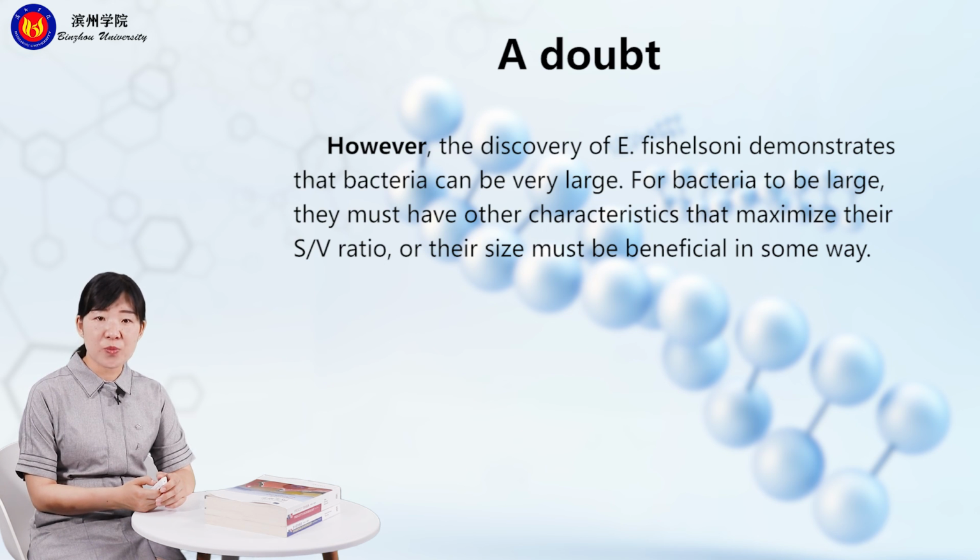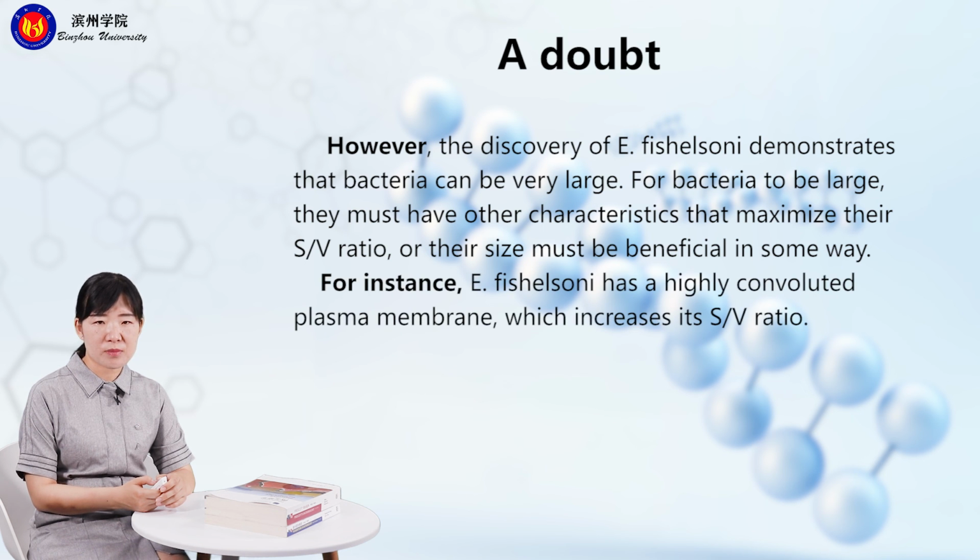For bacteria to be large, they must have other characteristics that maximize their surface area to volume ratio, or their size must be beneficial in some way. For instance, this bacterium has a highly convoluted plasma membrane, which increases its surface area to volume ratio.